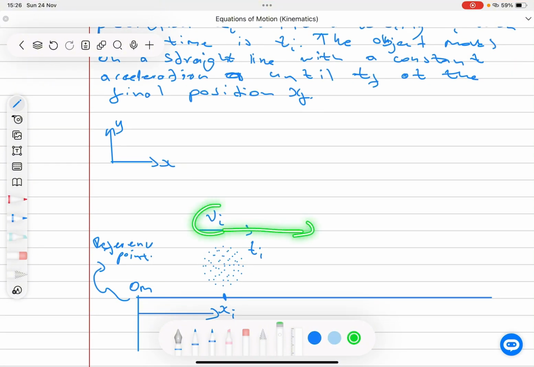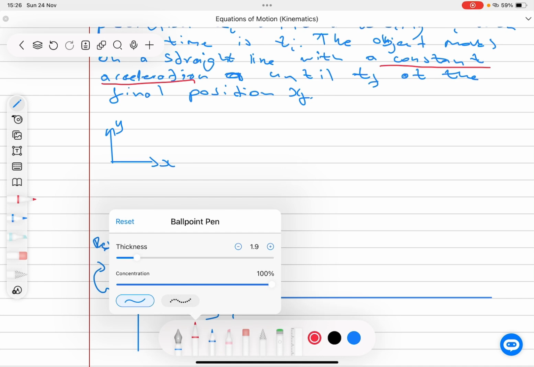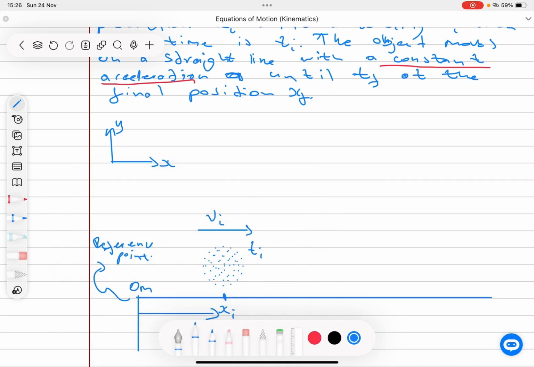So what have I said here? I'm saying that the object will continue moving in that direction because we have this velocity. But this motion would be such that we have a constant acceleration. I'm choosing my acceleration to be constant, so it doesn't change as the object moves towards the right. At the start position, our acceleration would be a.